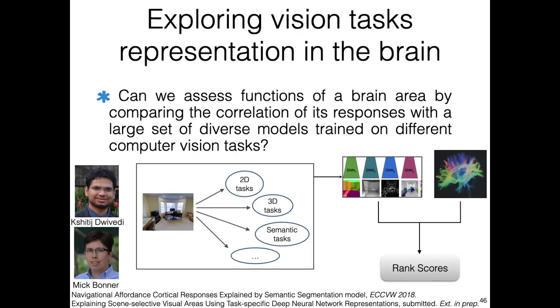And I would like to go back to one of my points from the beginning, that we also want to use these kind of models to explore the representation of the vision tasks in the brain. So if we have different models that are trained on different vision tasks, then we can use them to also understand the functionality of different brain regions.